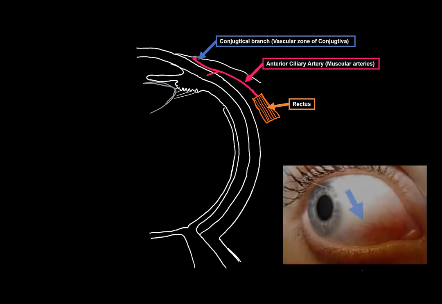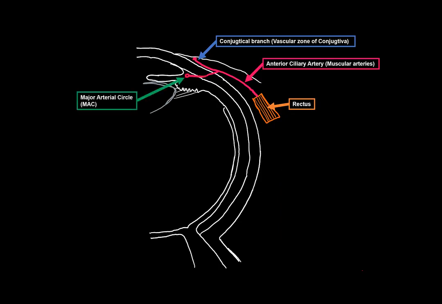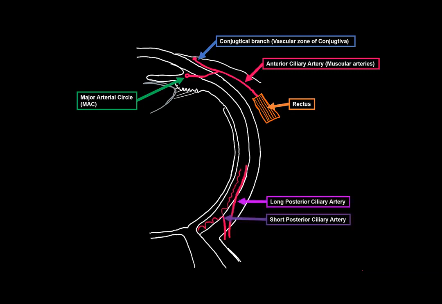And you see this a lot. Those are the superficial vessels between the conjunctiva and the sclera. You see grossly on the eye, as you see here. But the anterior ciliary also has branches to the major arterial circle of the iris. And remember, I just mentioned the posterior ciliary arteries.